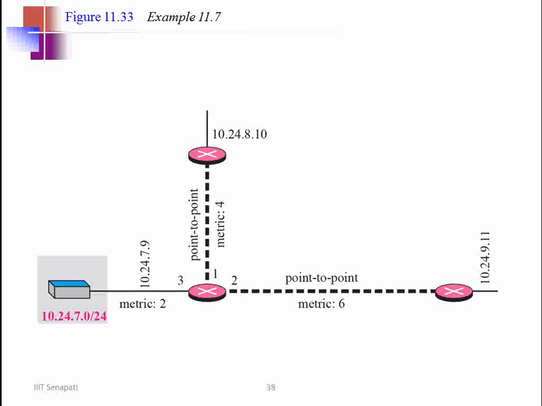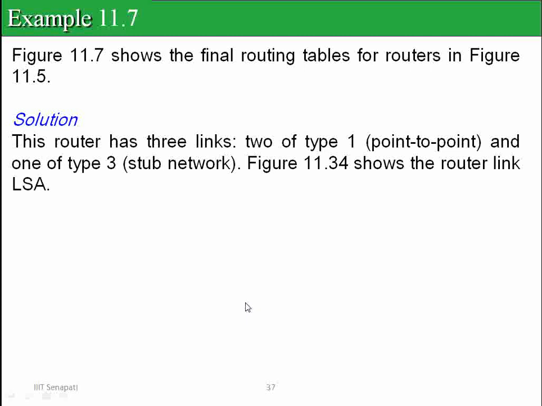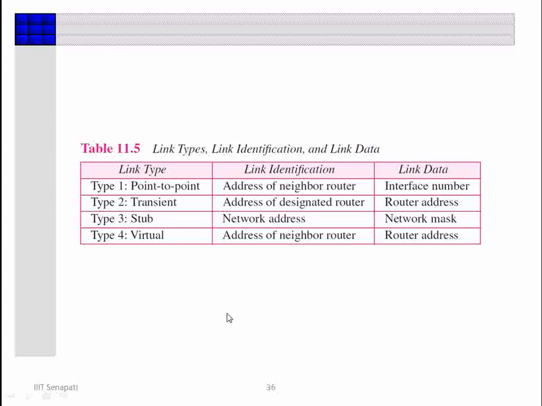So here you can see we have metric 2, metric 3. The router has, actually you can see, 3 links, right? 2 of type 1, point to point, and this is a stub, right? So type 3, type 3.